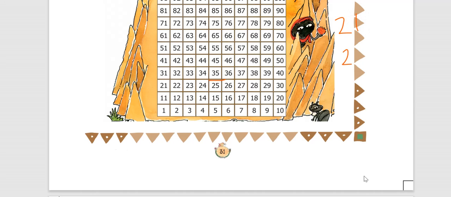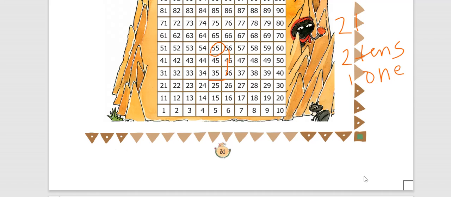21 is 2 tens and 1 one, right? So we have to start 2 tens above 35, 1 ten and 2 tens. So we reach 55, sorry. And then we have to do minus 21.